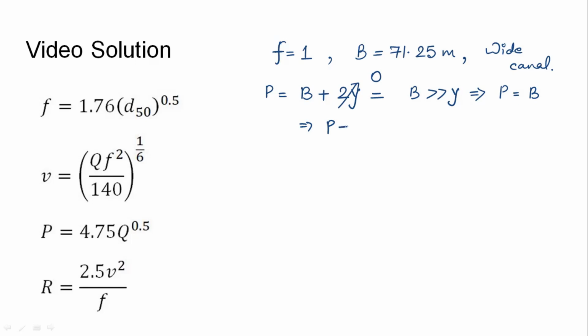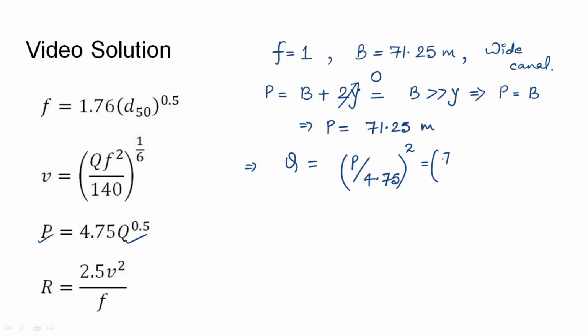So the wetted perimeter in this case will be 71.25 meters. Since we have the wetted perimeter, we can find the discharge using this third equation. So discharge is nothing but P over 4.75 raised to the power 2.